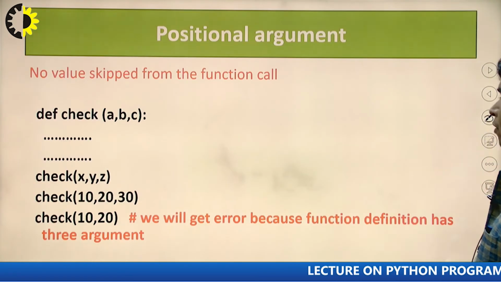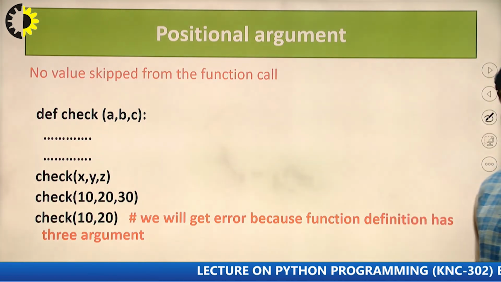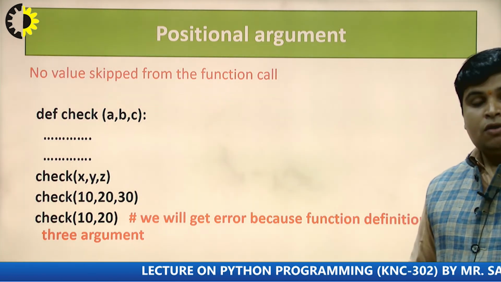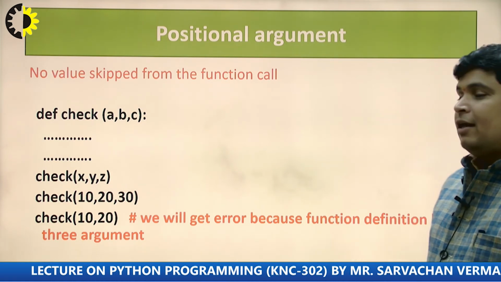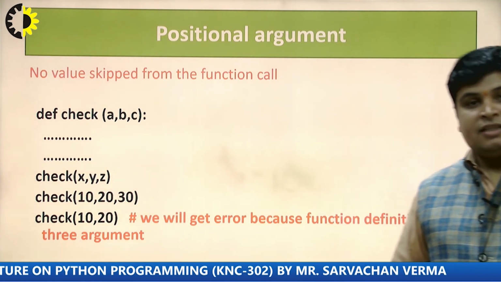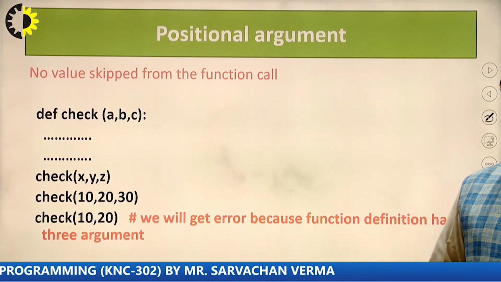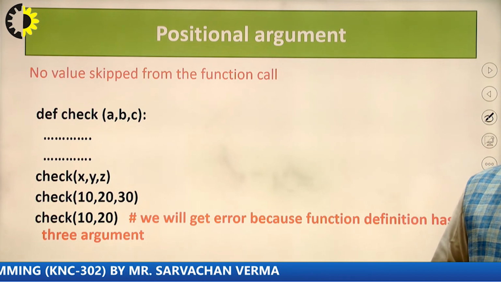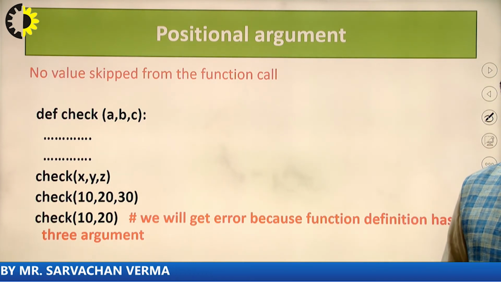Okay. Now, positional argument. Inside the positional argument, no value is skipped from the function call. You will see here, I have declared 3 arguments inside the check function. The arguments are A, B and C. Now definitely we have to pass 3 values inside the function call statement. Okay.